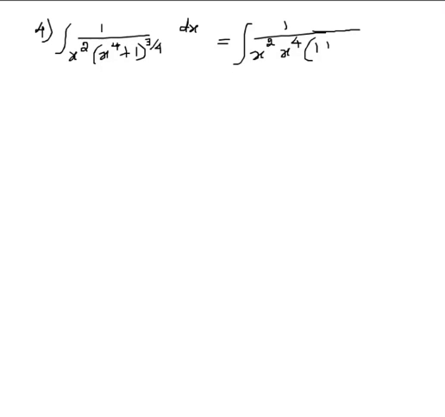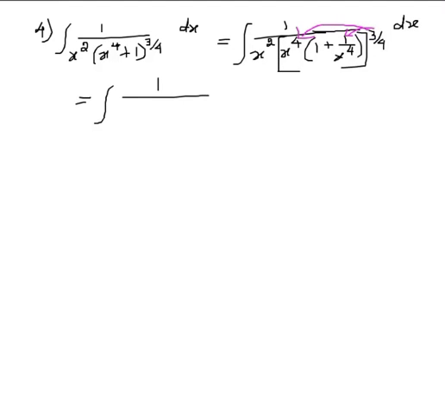It will become 1 plus 1 by x power 4 whole raised to 3 by 4. Don't forget to write the power 3 by 4 for the term x power 4 which we have taken outside. Into dx. Let us distribute this power 3 by 4 to both the terms.